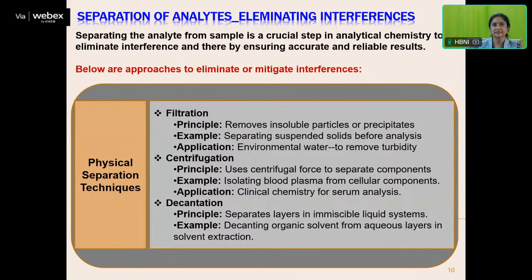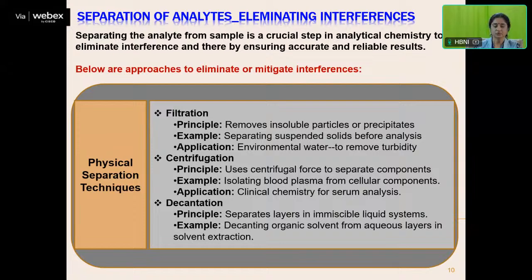So, separation steps add to analysis for eliminating interferences, as well as, if your analyte concentration is in the ultra trace region, you can pre-concentrate your analyte, so it will be brought into the detection range of the instrument you are going to use.